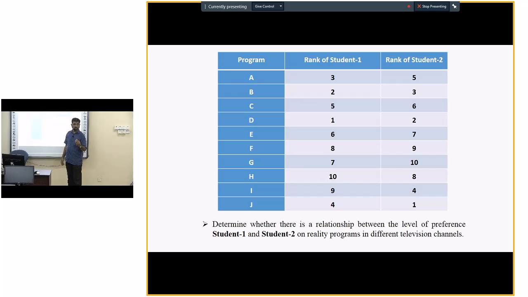They are just ranks. Therefore, you cannot apply the Karl Pearson correlation coefficient for that. You have to apply Spearman's rank correlation coefficient to measure the relationship between the rank of student 1 and student 2. Is it clear?